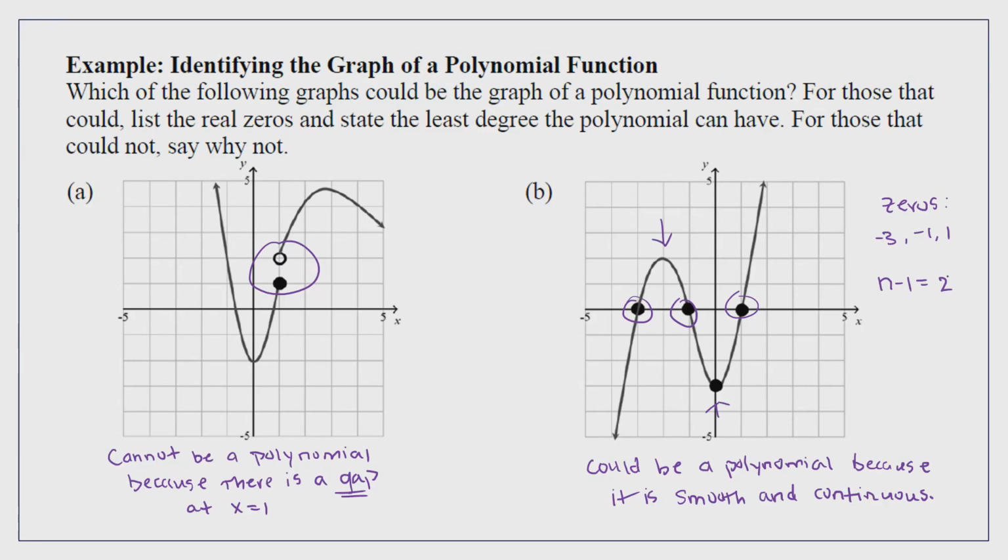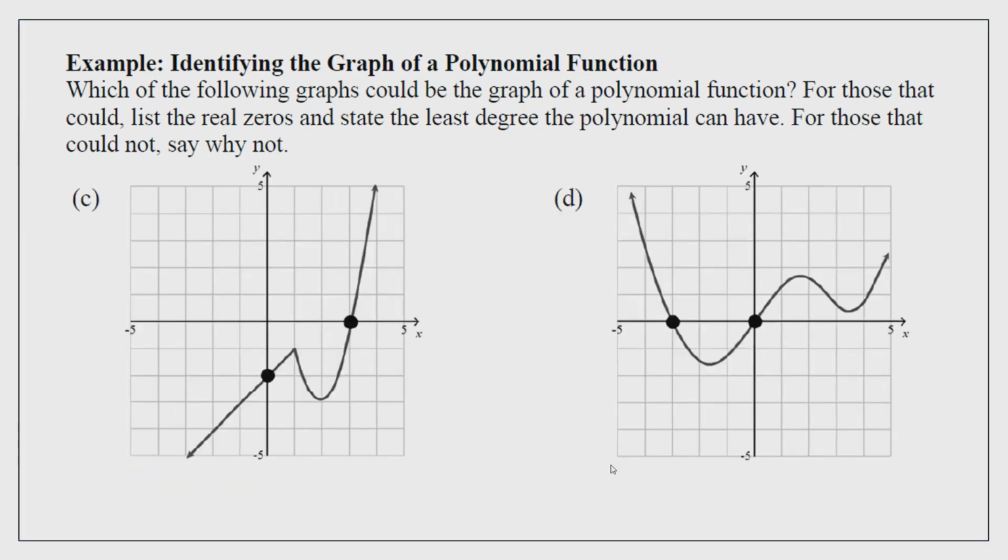So to find the degree, we're going to set the number of turning points to n minus 1, where n is the degree. So to solve for n, we'll add 1 to both sides, and so n equals 3. So that means this polynomial is a degree of at least 3.